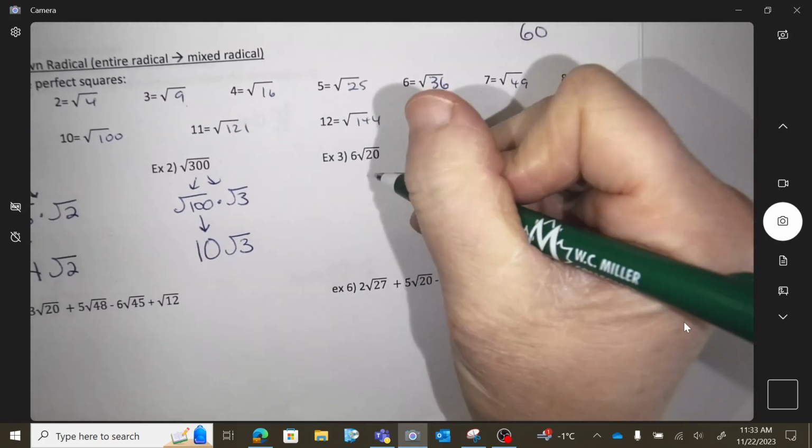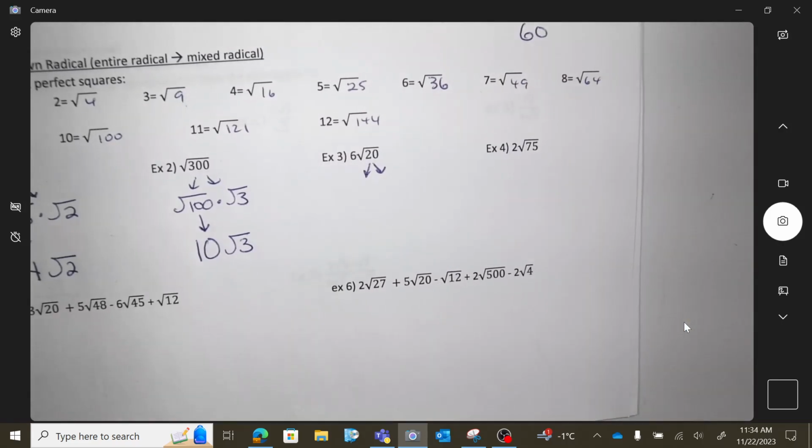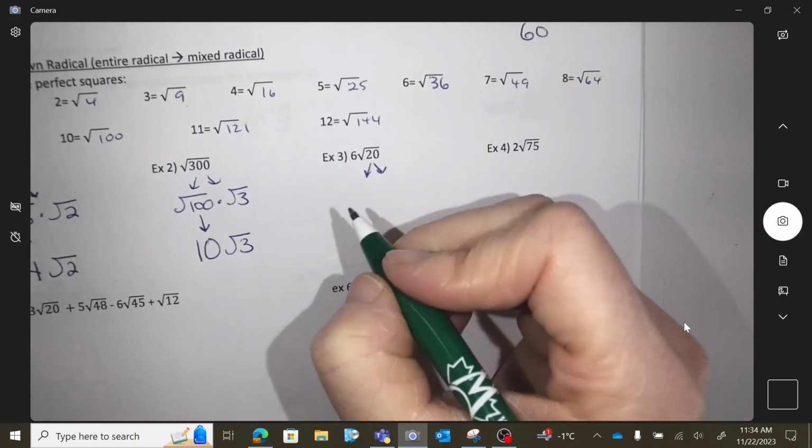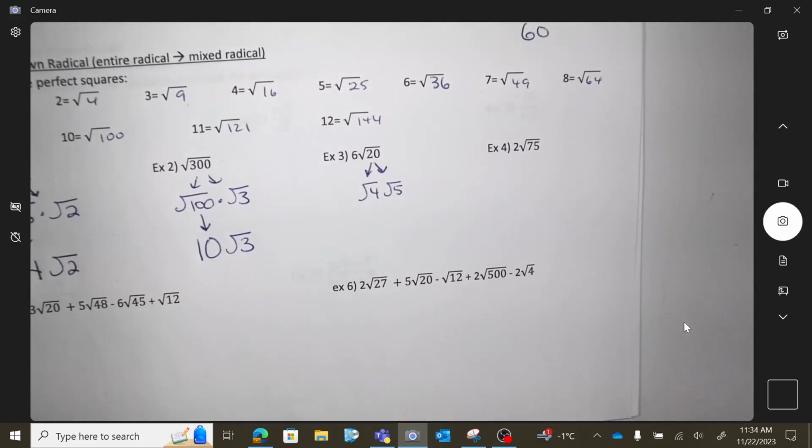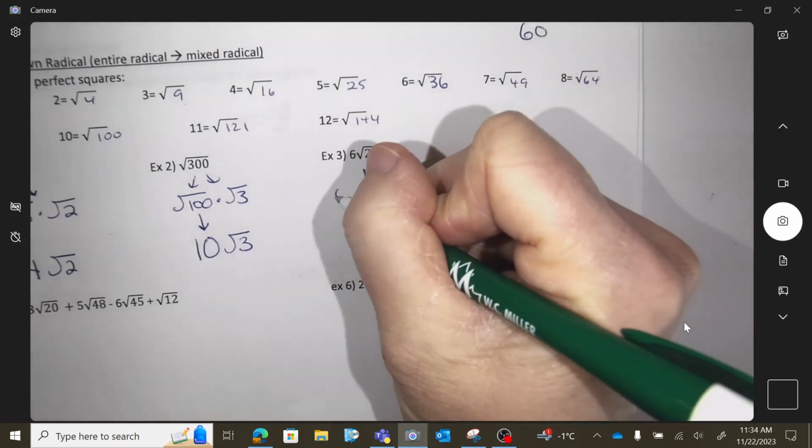Okay, 20. What are you going to do with 20? What times what? Which perfect square is 20 divisible by? 4? 4 times 5 is 20. Okay, now 6 is in the front.